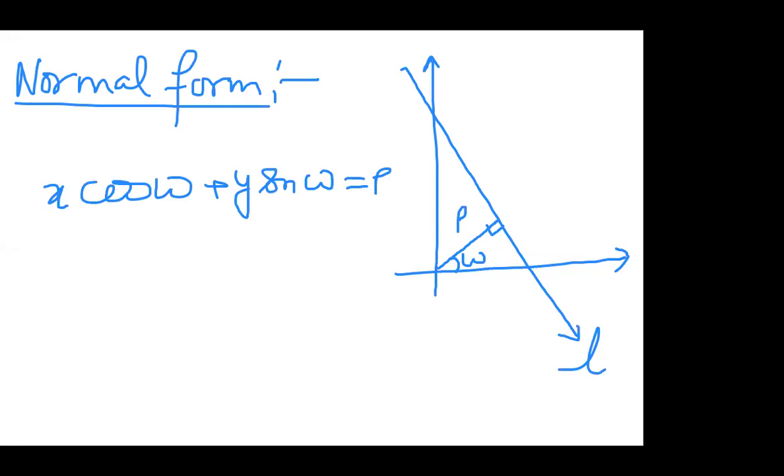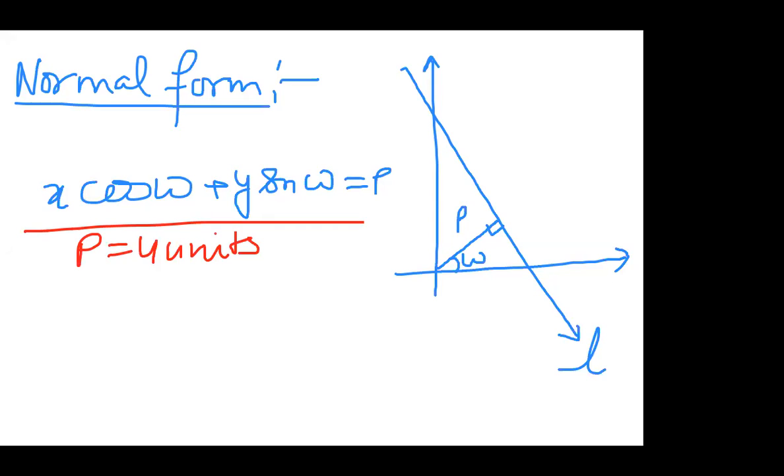P is the perpendicular distance from the origin, and omega is the angle made by the perpendicular with the positive direction of the x-axis.